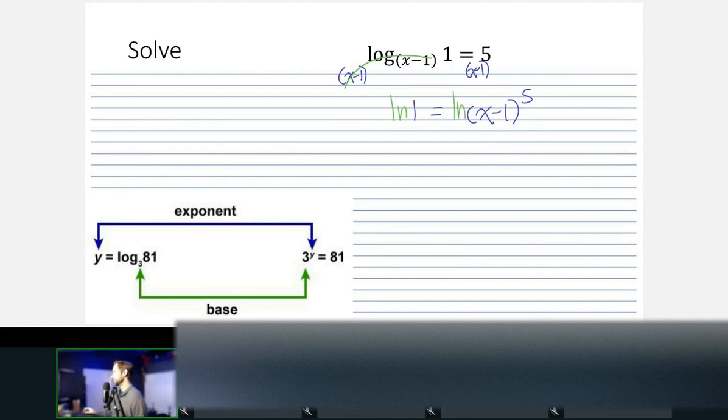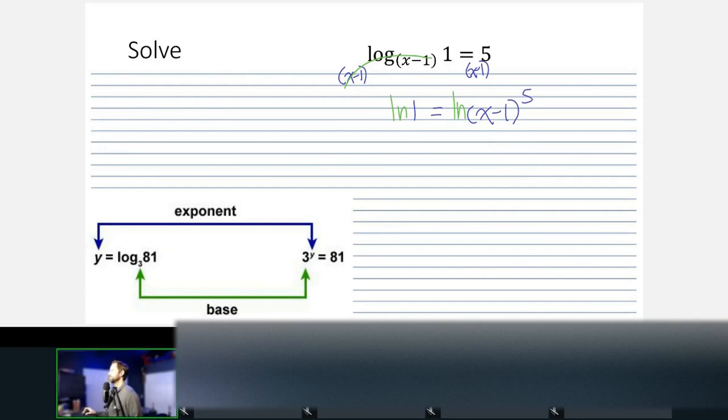All right, what do you think I can do next? Think of the log properties that we know so far. Ideas.